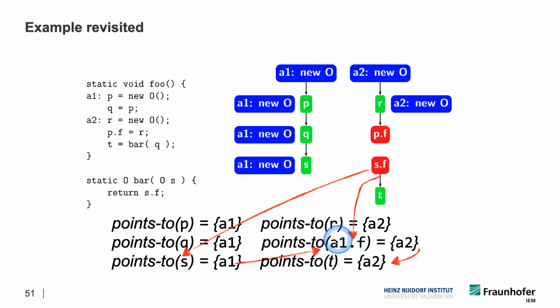And we now look up its points-to set, right? And its points-to set we have just recorded to be A2. And therefore this is being propagated down to T here. Okay. So again, we are creating the same yellow node, A1.F, you could say, and there's a match. And therefore we have this propagation that we were previously missing. So now we can find out that T is actually pointing to this object A2 here.